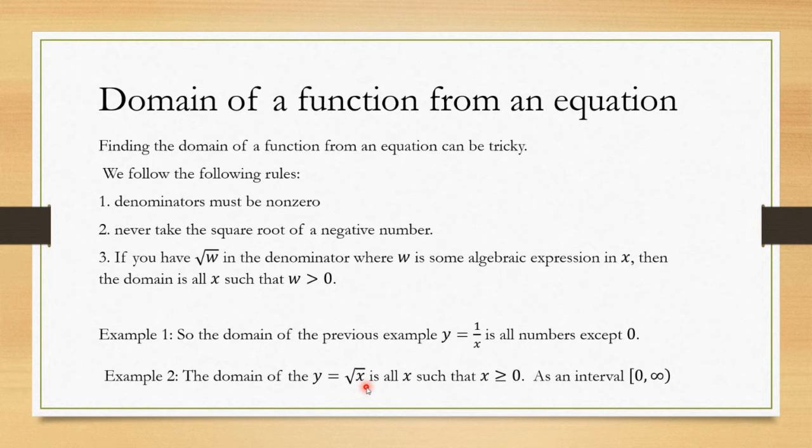You get the square root of 0, and that's okay. So the domain is this interval, all x such that x is non-negative, which is the same as this interval. The notation in the book might be a little bit different. They might use different notation when specifying the domain. If you stick with my notation, that's fine.